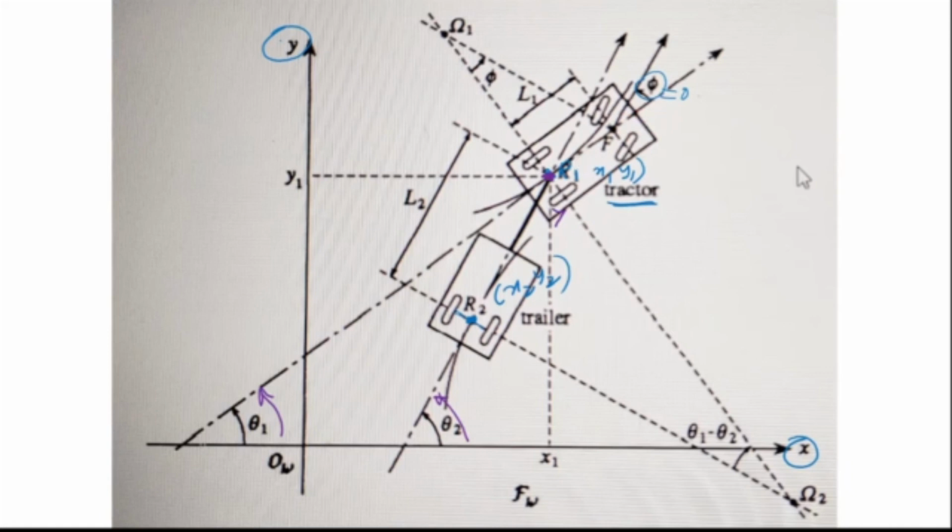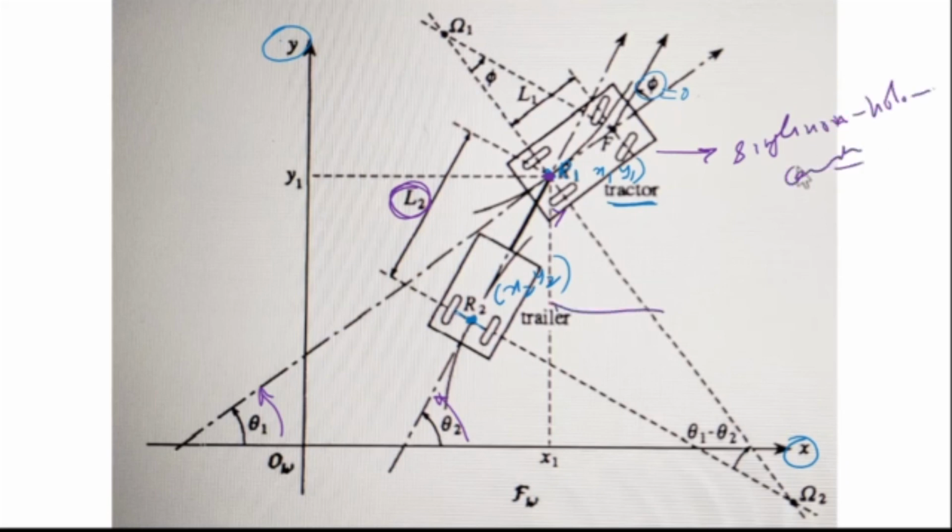The other thing to note is that L2 is the distance between the point R2 and the point R1. So now let's proceed and see. The tractor is subjected to a single non-holonomic constraint.